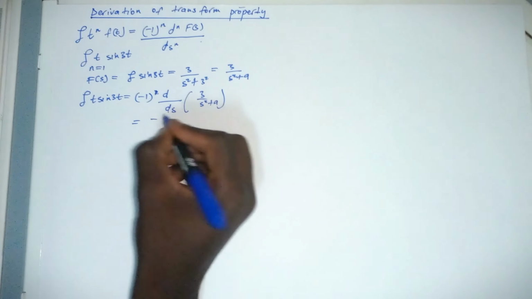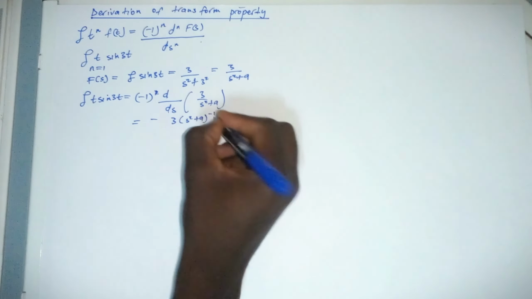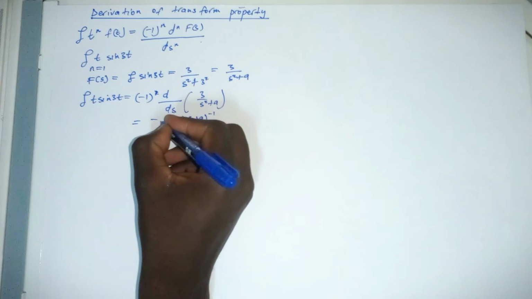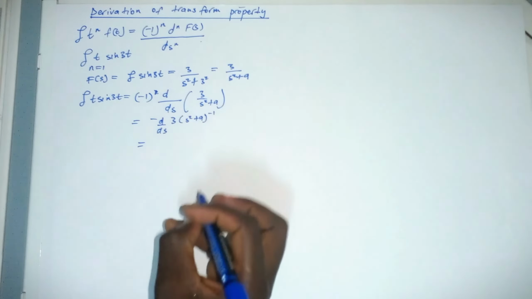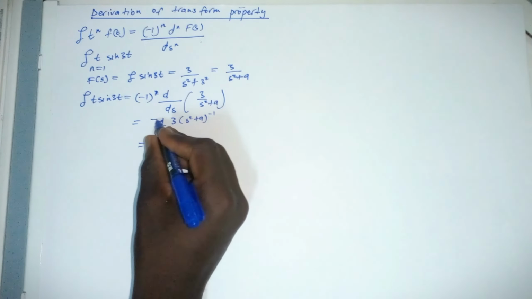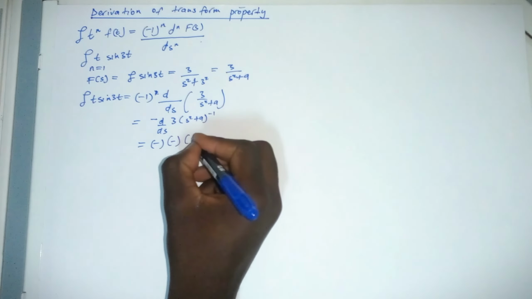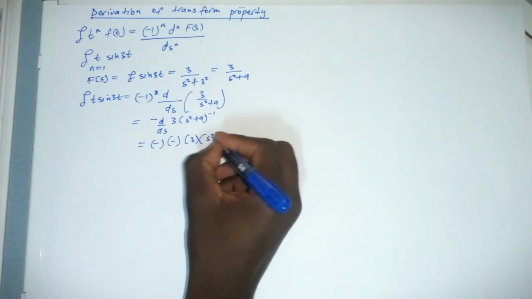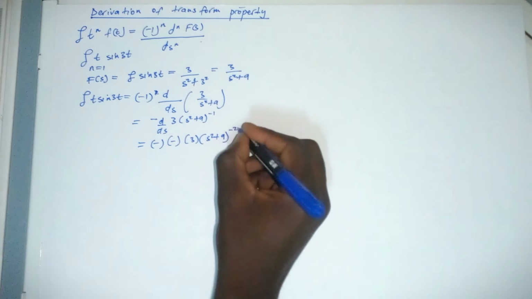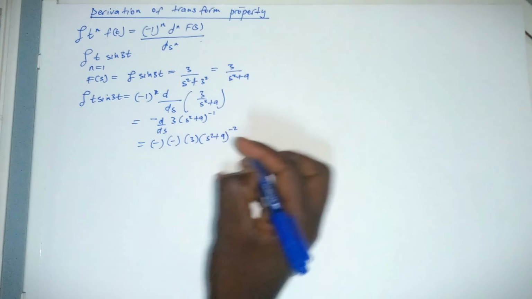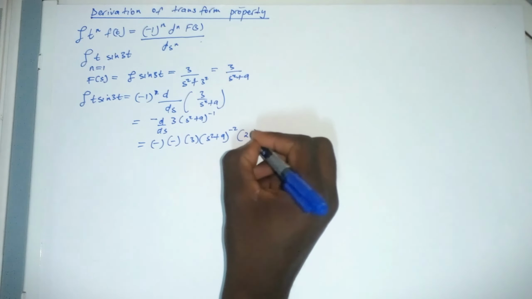So I'm going to have negative here. I'm going to write this as 3 times (s squared plus 9) to the power negative 1. So this is what I want to differentiate here, d/ds. Okay, and if we do that, we have negative 1 right here. We're going to drop the power. We're going to have negative 1, and we have 3. We're going to write 3, and we have (s squared plus 9) to the power negative 2, because we're going to take away the power, and we're going to multiply it by the inner derivative of s squared, which is 2s.